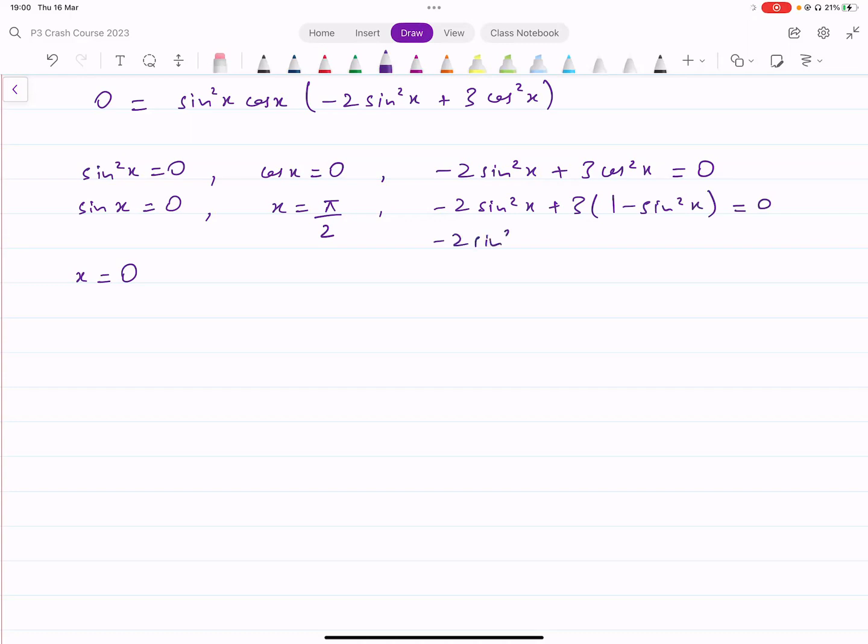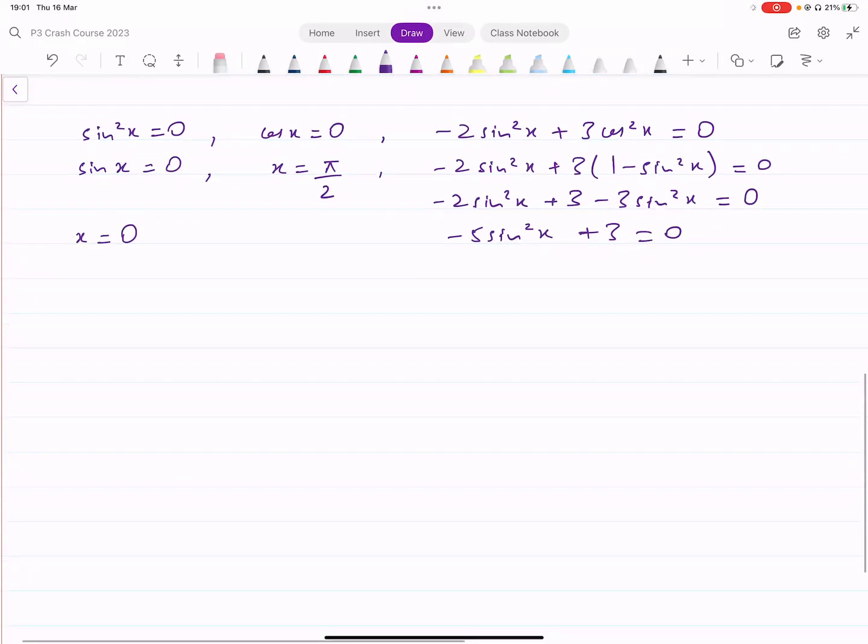This gives us minus 2 sine square x plus 3 minus 3 sine squared x equals 0. Now simplify this. This gives us minus 5 sine square x plus 3 equals 0.